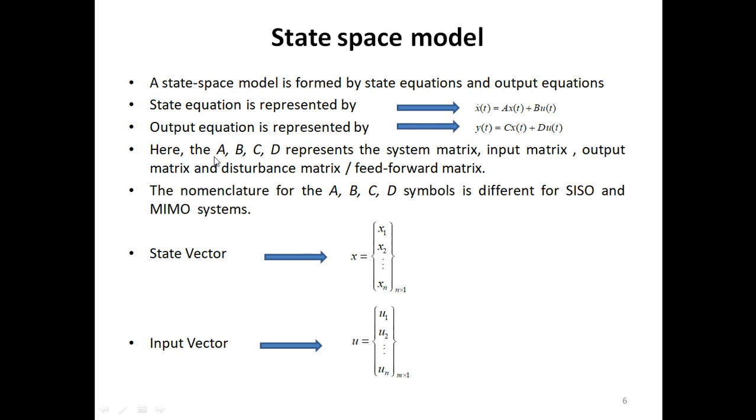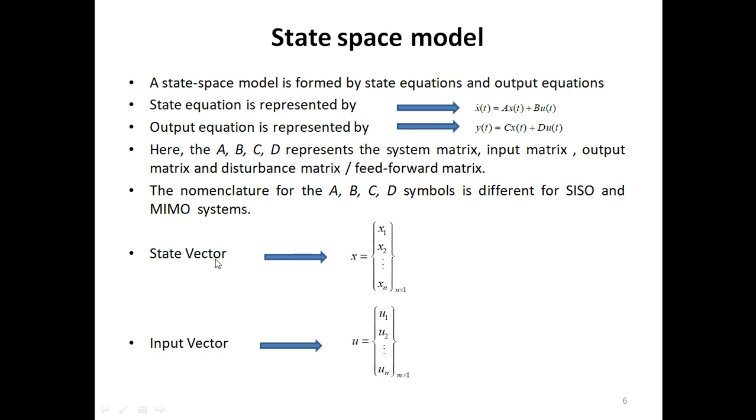Here the matrices A, B, C, D represent the system matrix, input matrix, output matrix, and disturbance matrix, sometimes called the feed forward matrix as well. Nomenclature for the ABCD symbols is different for SISO and MIMO systems.